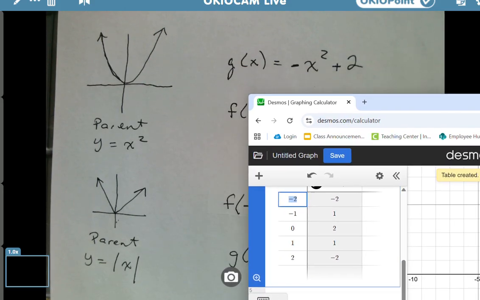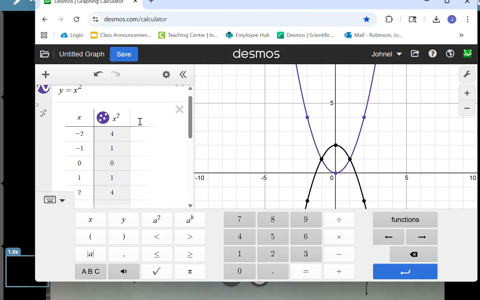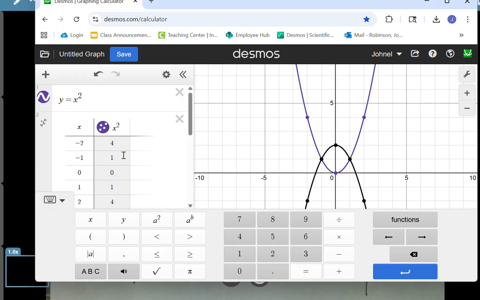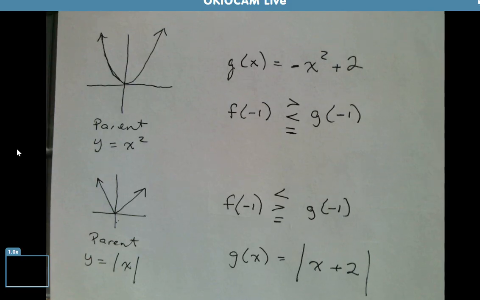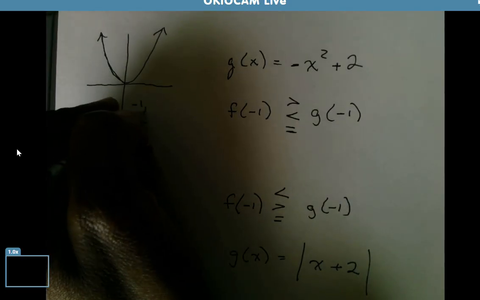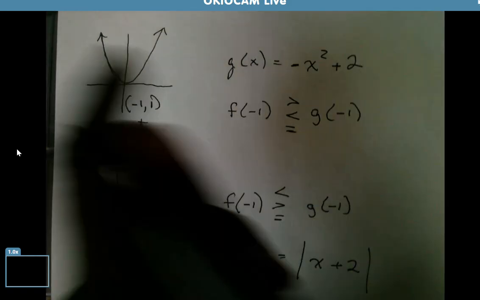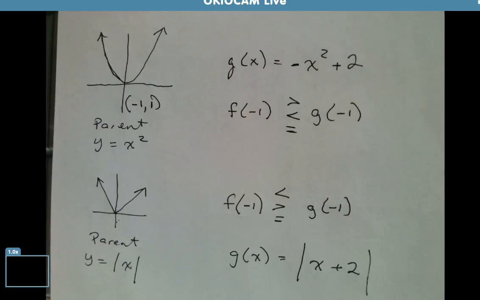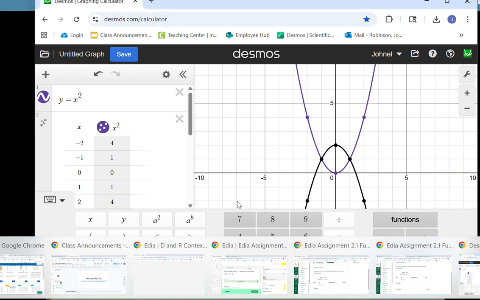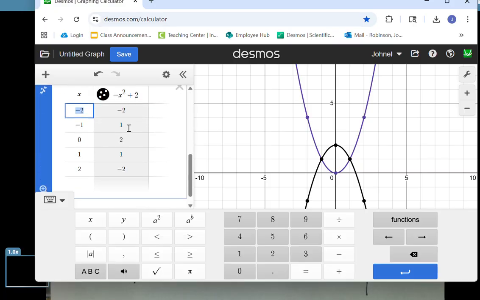Alright, so at negative 1, the first value is 1. So over here on my paper, I'm going to put negative 1 is 1 for the first one as an ordered pair. On the second one, at negative 1, we get 1 also.